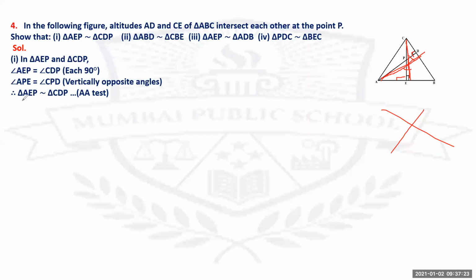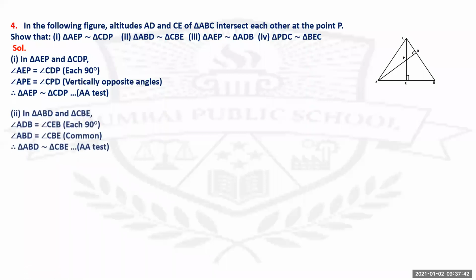So with respect to that, you get triangle AEP similar to triangle CDP by angle test. Is this clear? Just two pairs of angles you have to show are congruent. So let's move ahead now to the next pair of triangles.